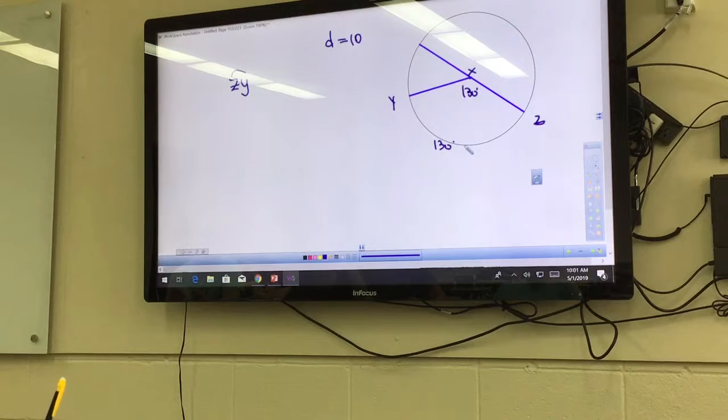The diameter is 10. Let's leave it in exact this time.